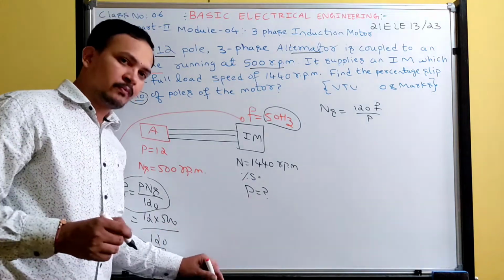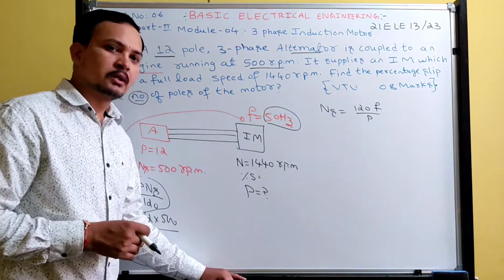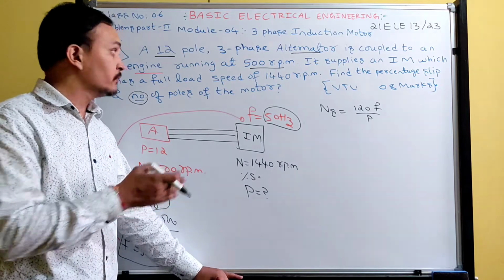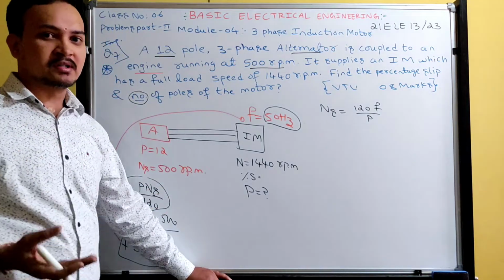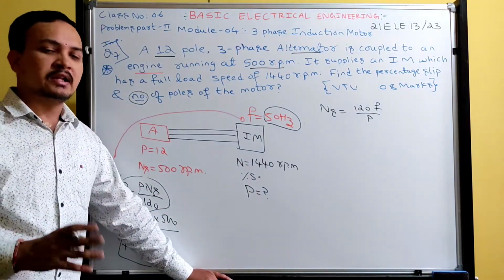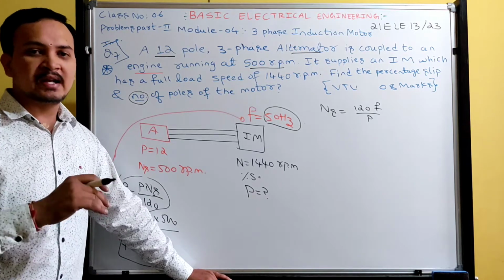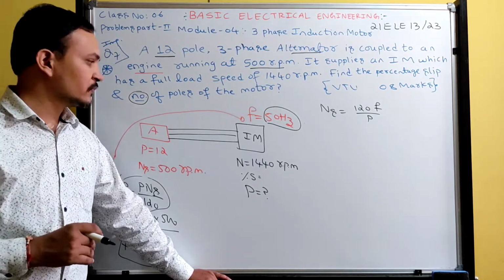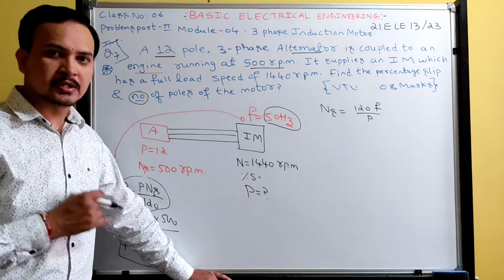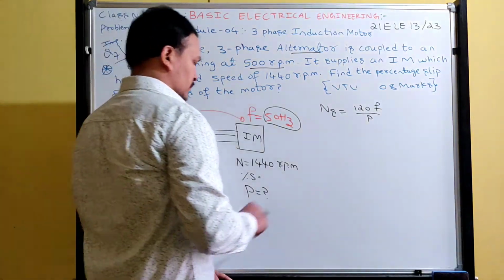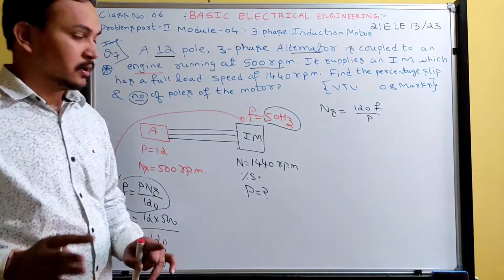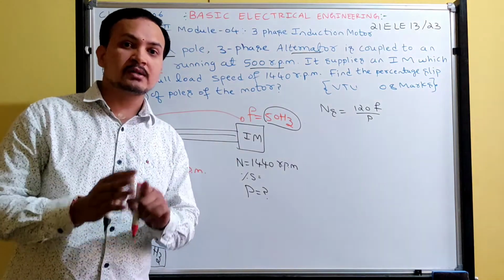We can assume the poles of the induction motor. We have done a similar problem in part 1, assuming the frequency as either 50 or 60 hertz, then we checked the slip condition, speed condition, like that. In the same way we can also do it in this problem. Keeping in mind, the poles should always be an even number.